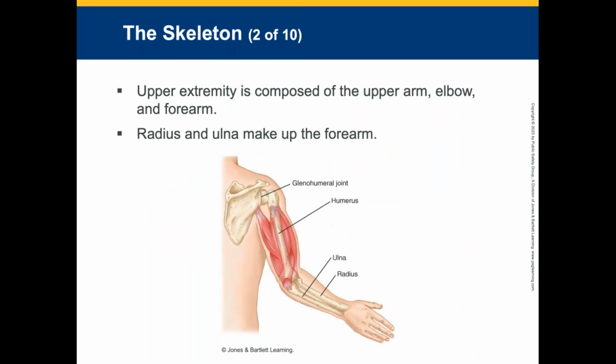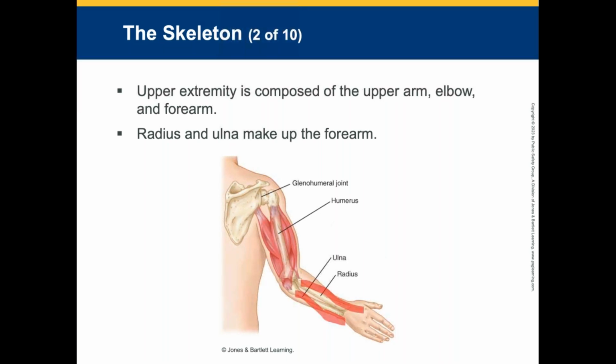So the upper extremities are composed of the upper arm, elbow, and forearm. You have the radius and ulna, which make up the forearm. Remember, the ulna is underneath, and the radius is more in line with the thumb. So if you turn your arm over so your palm is up, underneath here would be your ulna. If you turn it back over towards the thumb, that would be your radius. Ulna, radius bone.